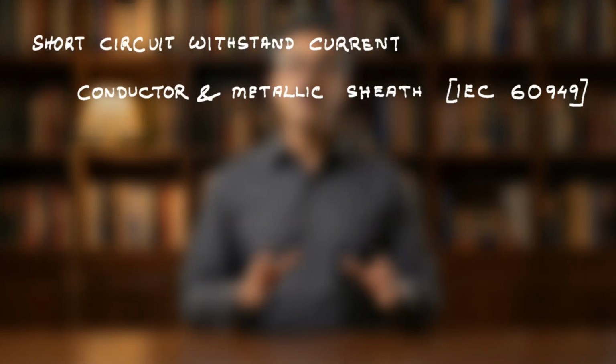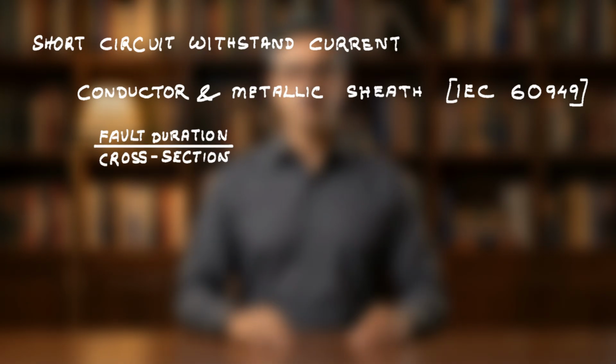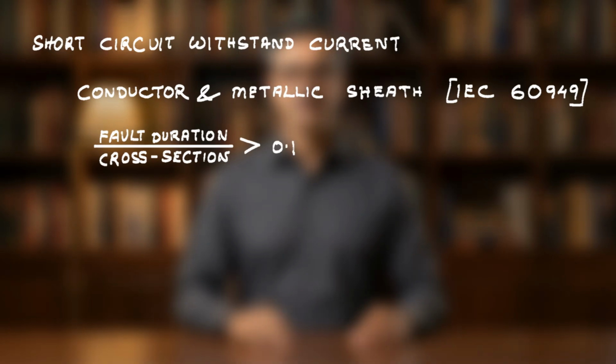But it has been observed that in the case of very thin cables, where the ratio of fault duration divided by the cross-sectional area is more than 0.1, the effect of heat spreading into the surroundings becomes significant. In that case, this heat spreading effect has to be considered. But generally, in our transmission system, the power cables that we use have sufficiently large cross-sectional areas.